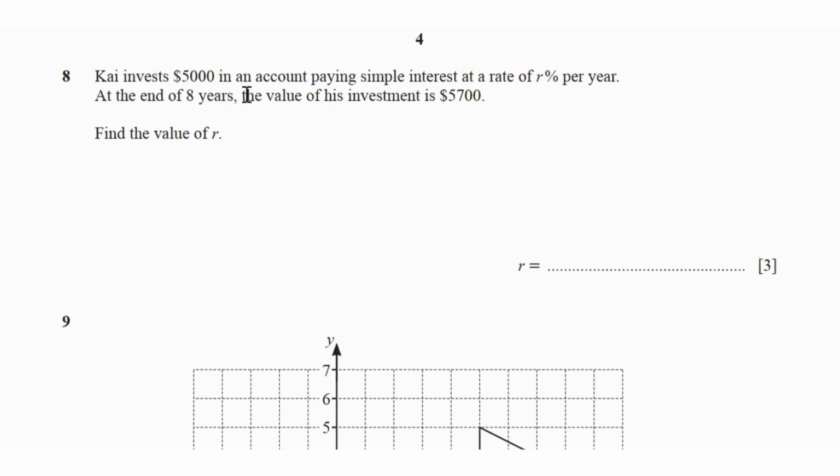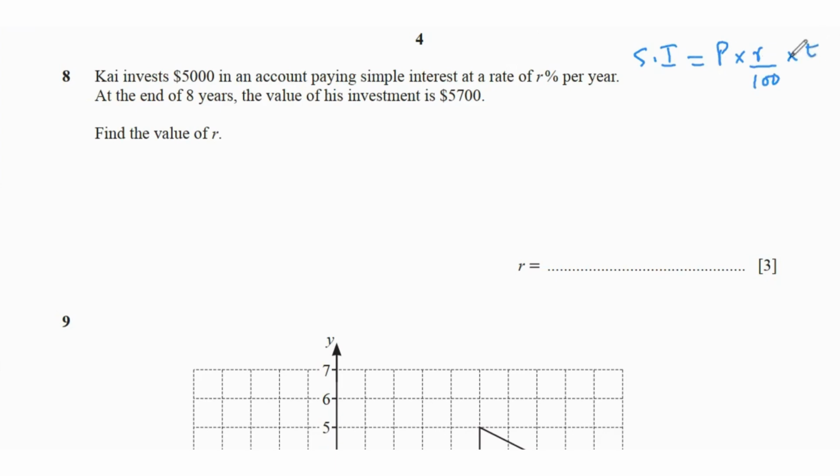Question 8 says Sky invests $5,000 in an account paying simple interest at a rate of R% per year. At the end of 8 years, the value of his investment is $5,700. Find the value of R. So for simple interest, the formula is principal amount times the rate of interest times the time, PRT.